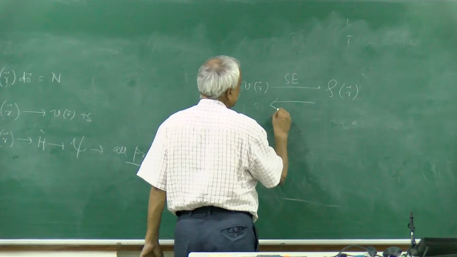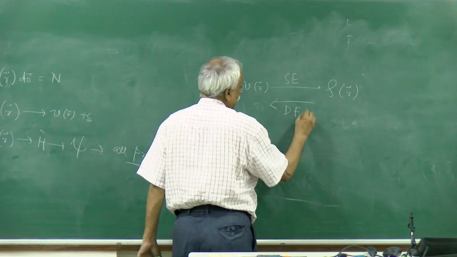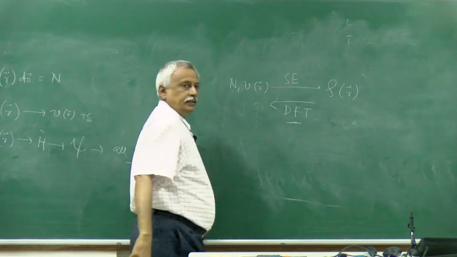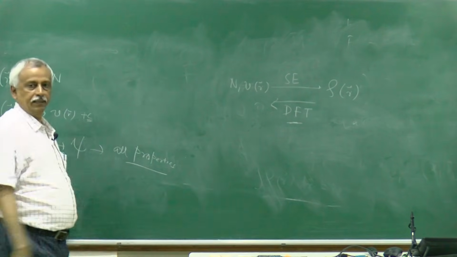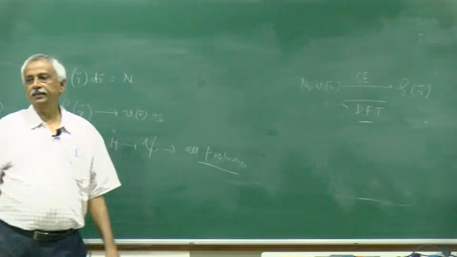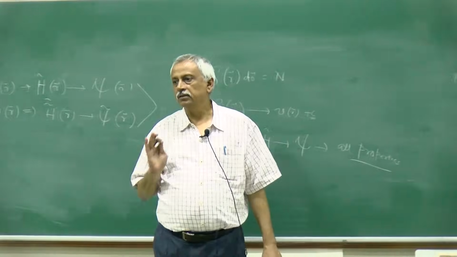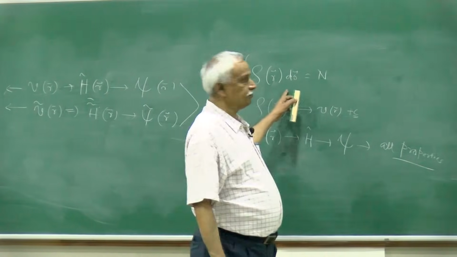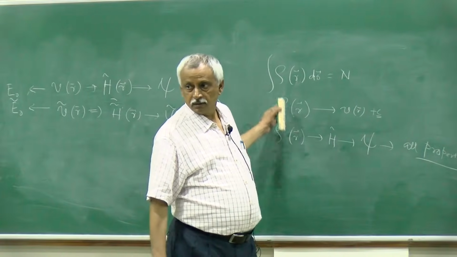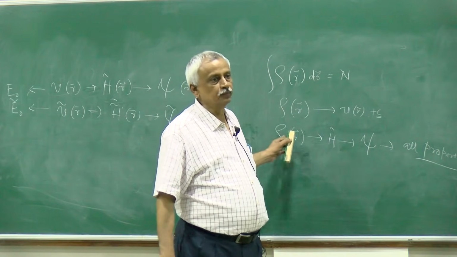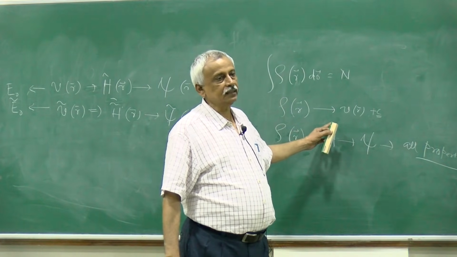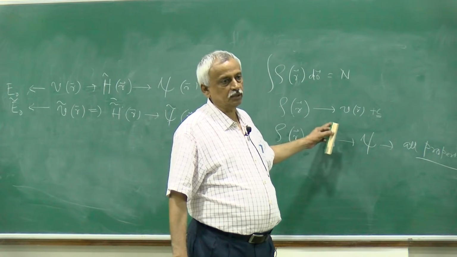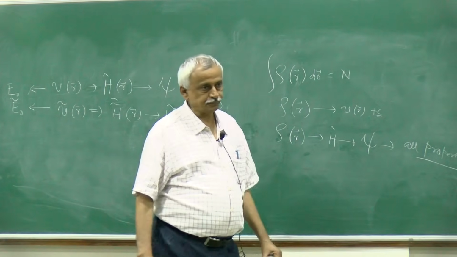DFT is the inverted map. If you can get N and V(r) from the density, then that is your density functional theory. As I told you, N comes automatically through a simple quadrature. So you have to prove that density contains the information about the external potential.